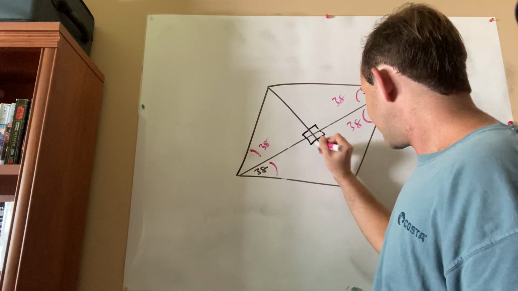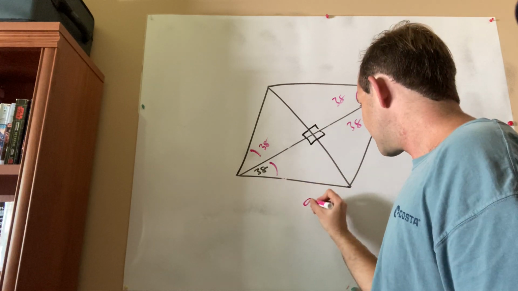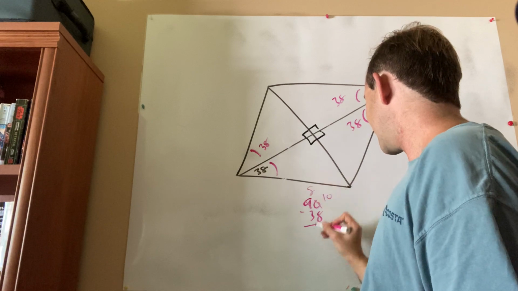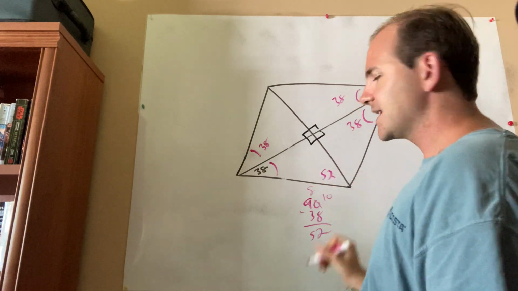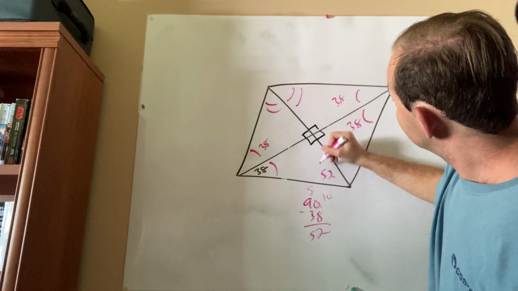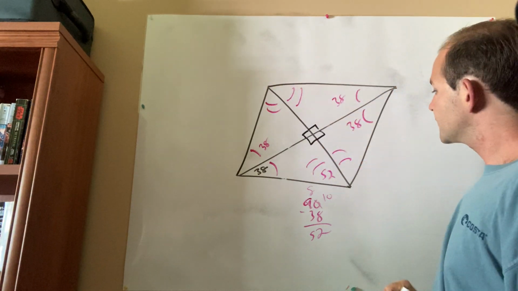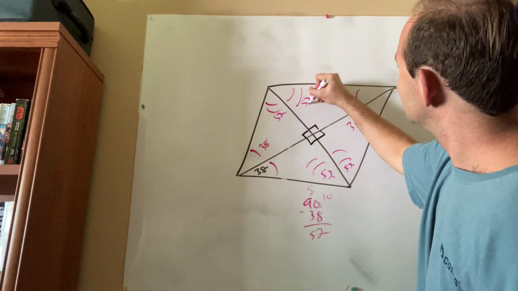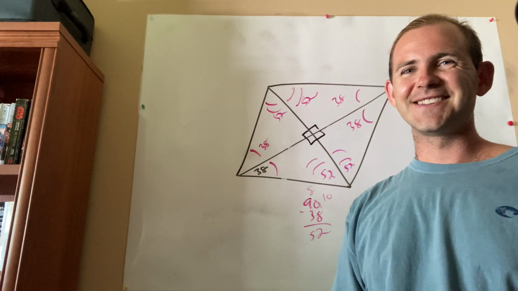So I would do 180 minus 90, which is 90, and 90 minus 38, which I think is going to give me 52. Let me check that. 52. And guess what? Because the diagonals are angle bisectors, 52, 52, 52, and 52.